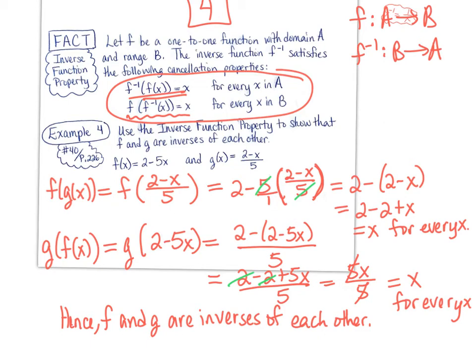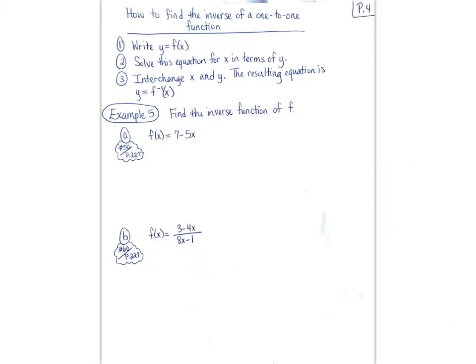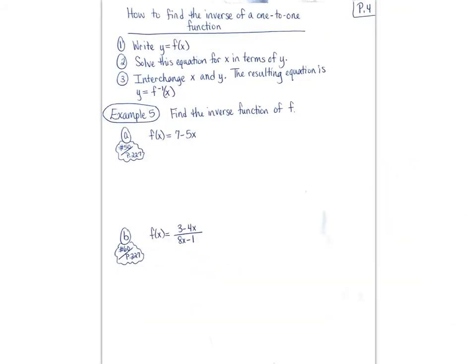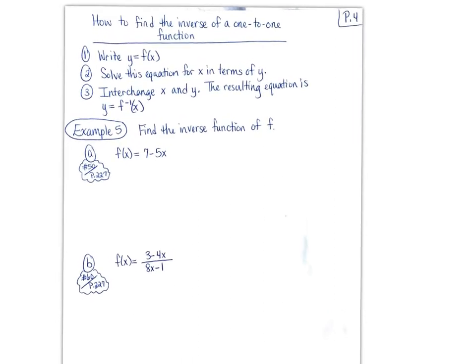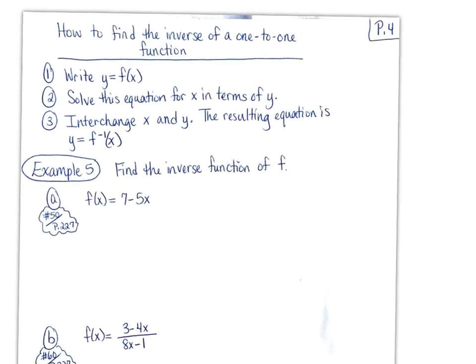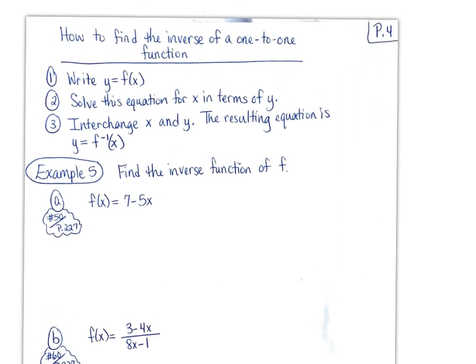Okay, so now we want to go through the steps on how to find the inverse of a one-to-one function. The first thing we do, we write y is equal to f of x. So you're given f of x here, so you'll want to write y equals 7 minus 5x. And then we solve this equation for x in terms of y.